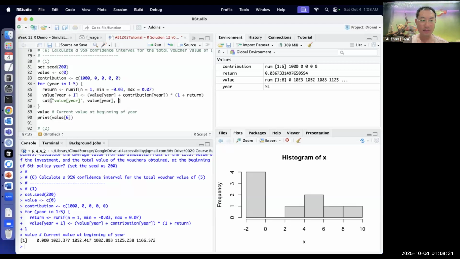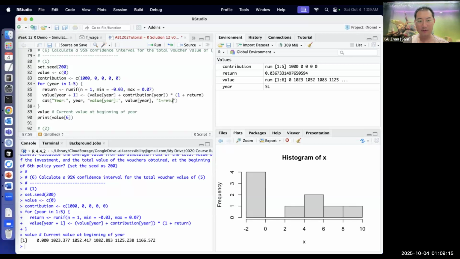Also, you want to display the year. You do this value. Display the year. Year is your year, then value year is this value year. Then I want to also display the return.